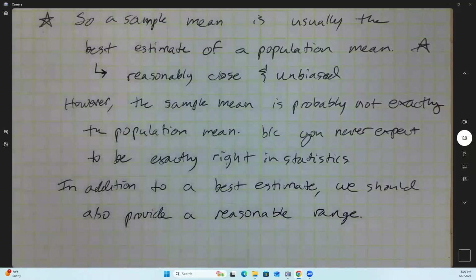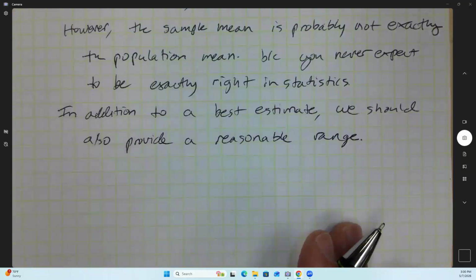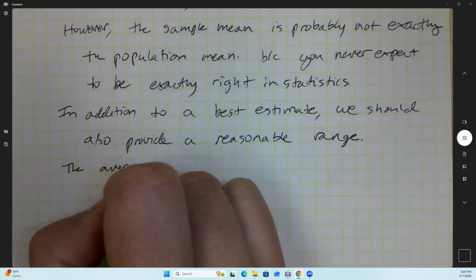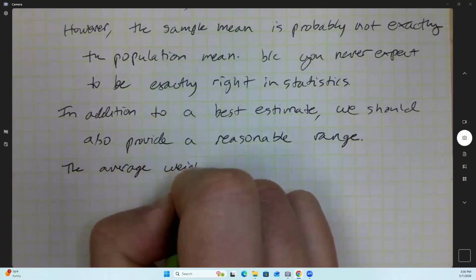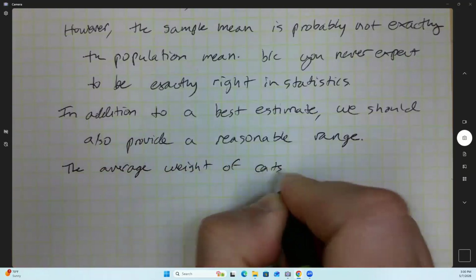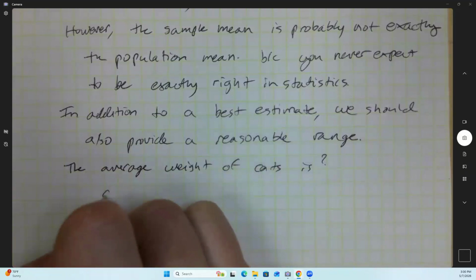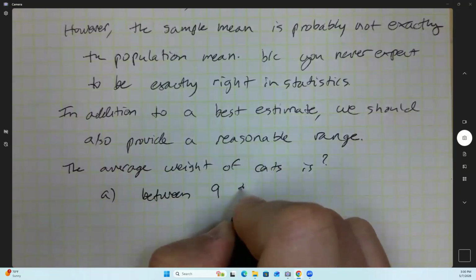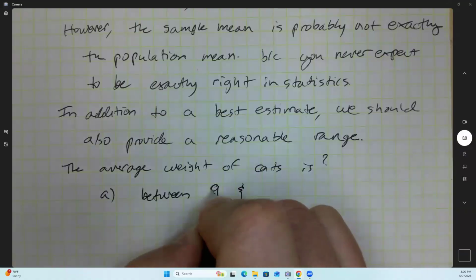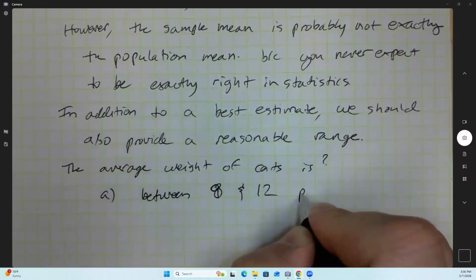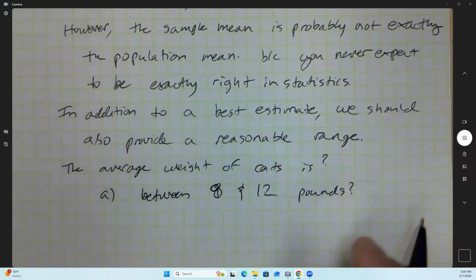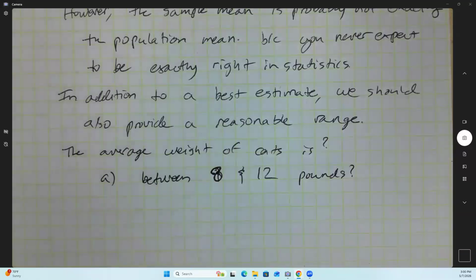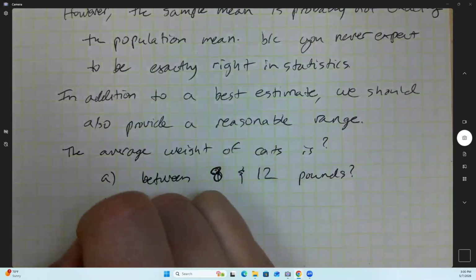I'm going to give you a couple options for this example. Do we think the average weight of cats is between 8 and 12 pounds?